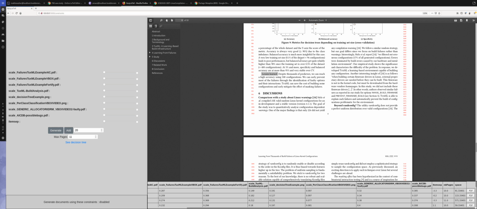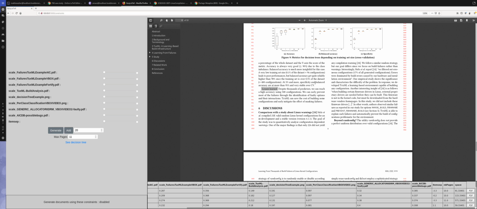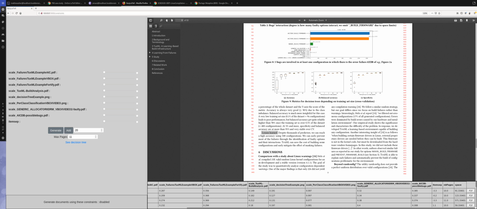And of course, it's not smart enough to understand what are the key sentences or the key paragraphs. That's certainly future work. But what VaryLaTeX does is put variation points for setting figure sizes.